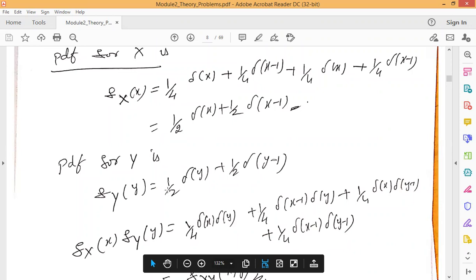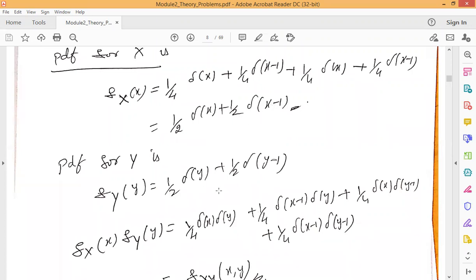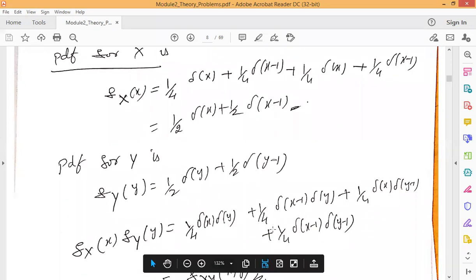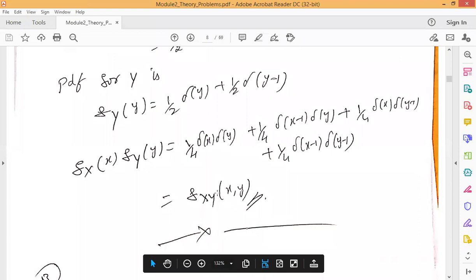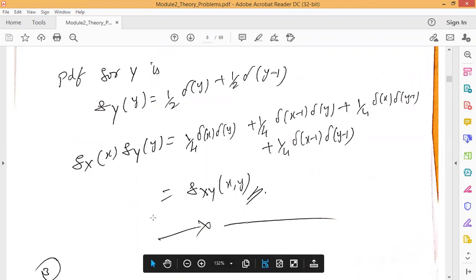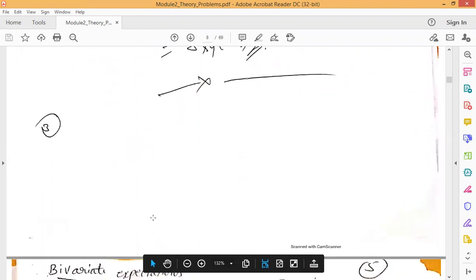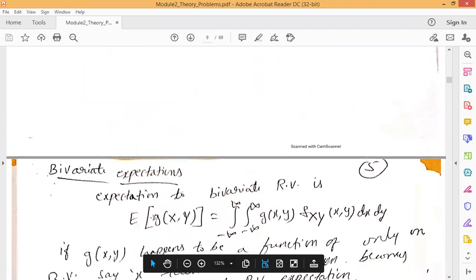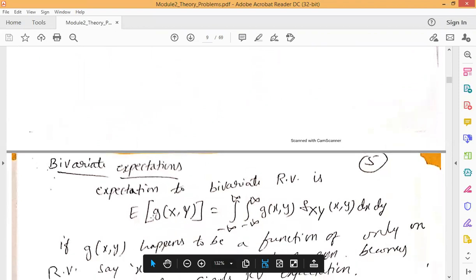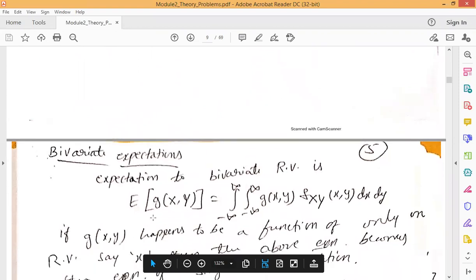Similarly, you multiply 1 by 2 into 1 by 2, so you get 1 by 4 into delta of x minus 1 into delta of y, and so on. That yields the equation of the bivariate PDF, that is f_XY of x comma y. So for this case also, the random variables x and y are independent of each other. You can use these techniques while solving the exercise problems.